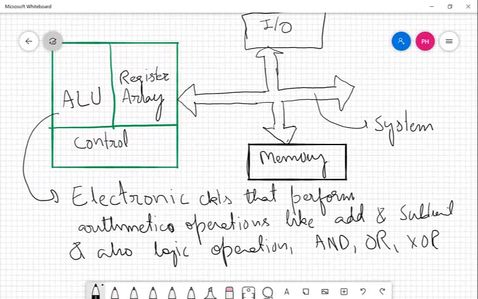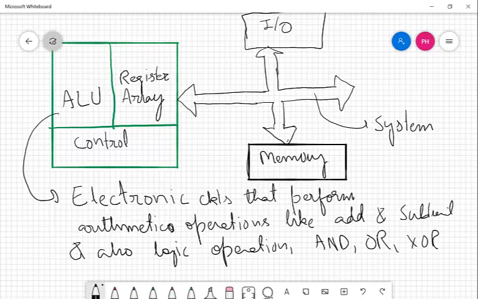And then we have register arrays. I have already explained what arrays are. There may be different registers, and we usually name them using English alphabets A, B, C, D, E. Some of these registers have a special function. We will discuss that later. And some are general purpose.